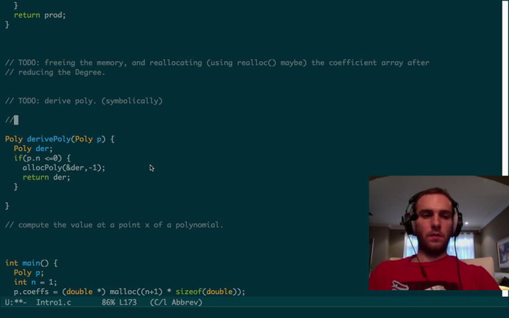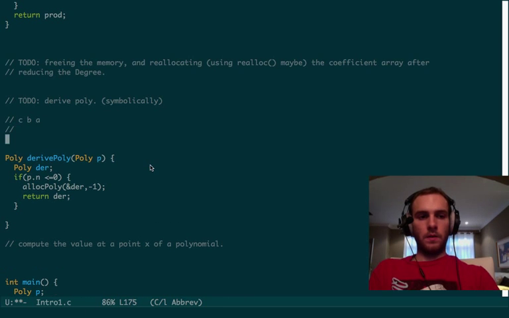Otherwise, it's going to look something like you have constant, linear, quadratic term, right? And maybe cubic. Then you derive, the constant goes away, right? The linear term, so this is d, goes away. C times x just becomes c.